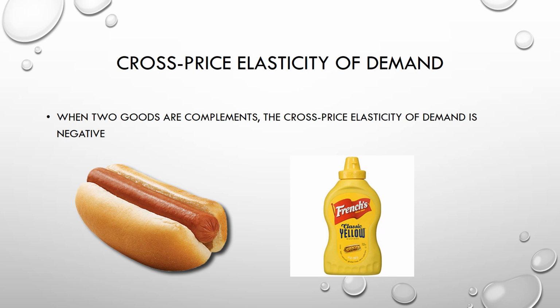So we would have negative 20% over positive 10%, which equals negative 2. The reason for this does make sense: these goods are complements. If the price of one goes up, the quantity demanded for the other decreases. So we'll have a negative number, and that shows that the goods are complements.